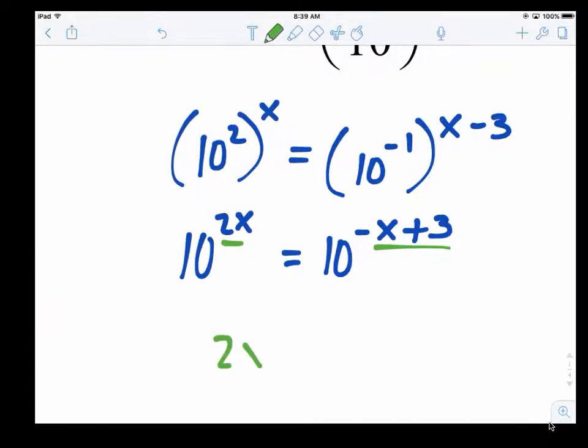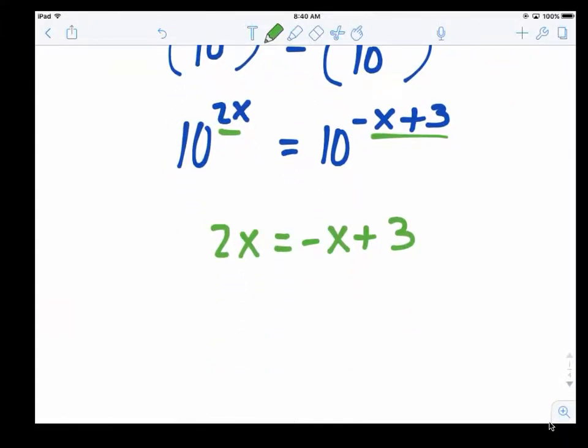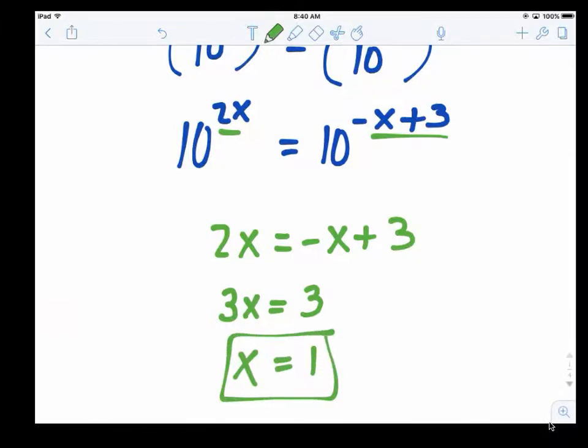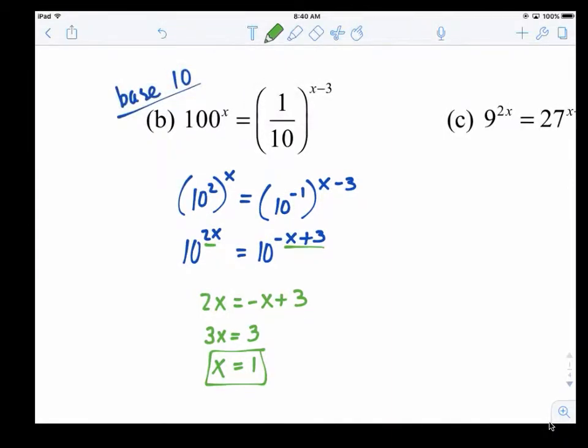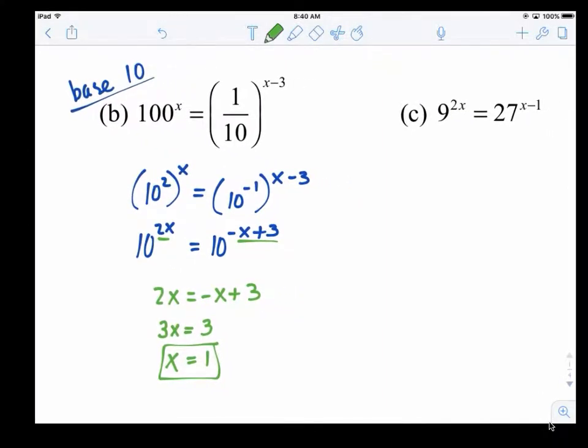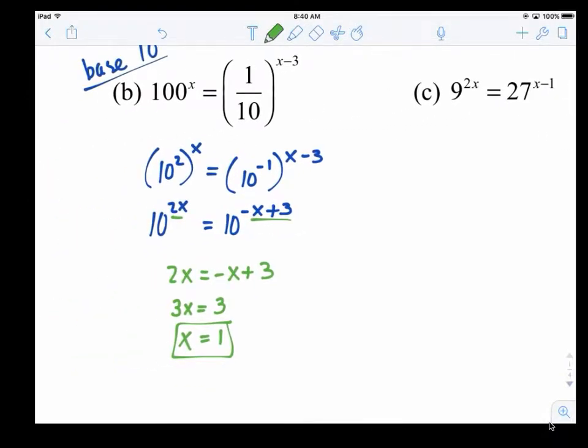Right, 2x equals negative x plus 3. So I can add the x over. x must be 1. Not too bad, right?